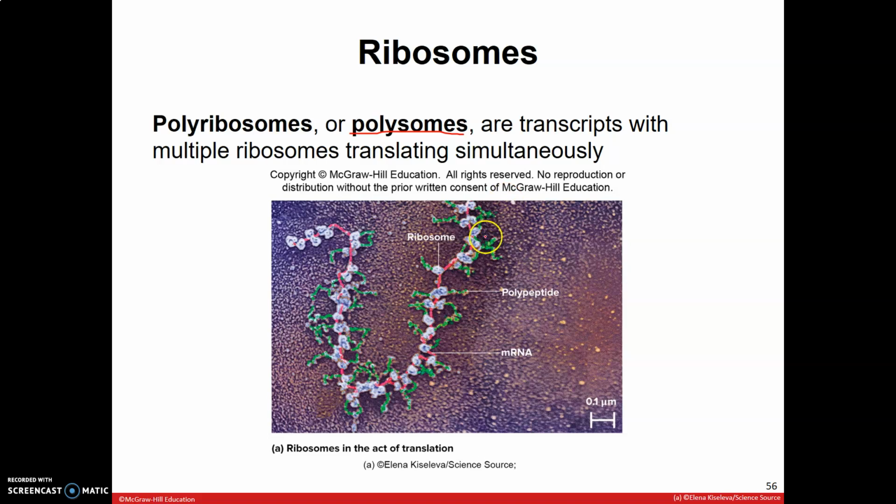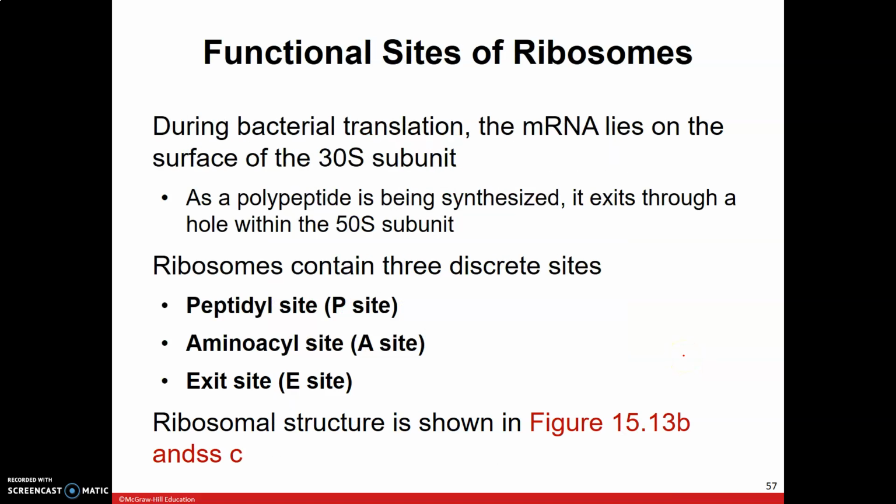Each little blue spot is a small and a large subunit of the ribosome together over the messenger RNA, which is the red line, and each green line is the forming protein or polypeptide. You can see that right here is the beginning of the translation region, and as we go farther along, the protein gets longer and longer.